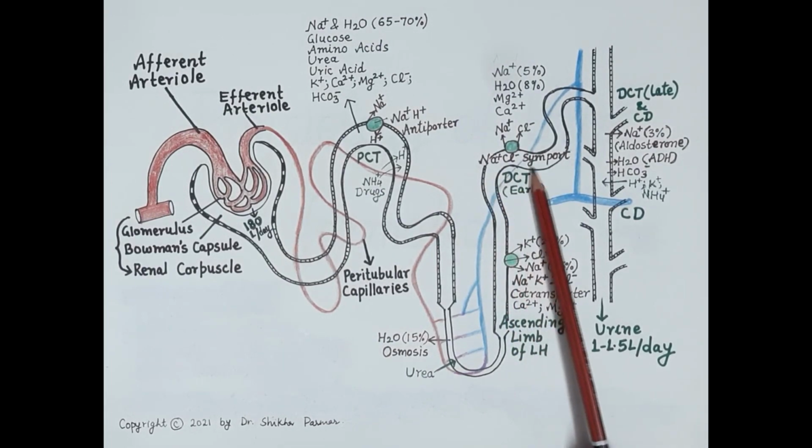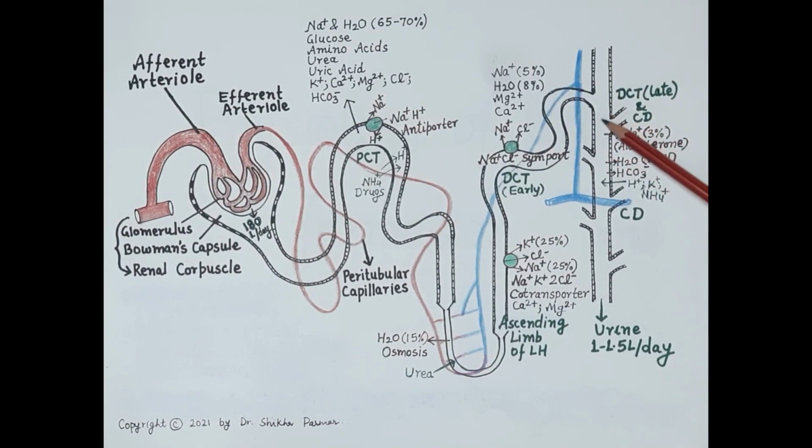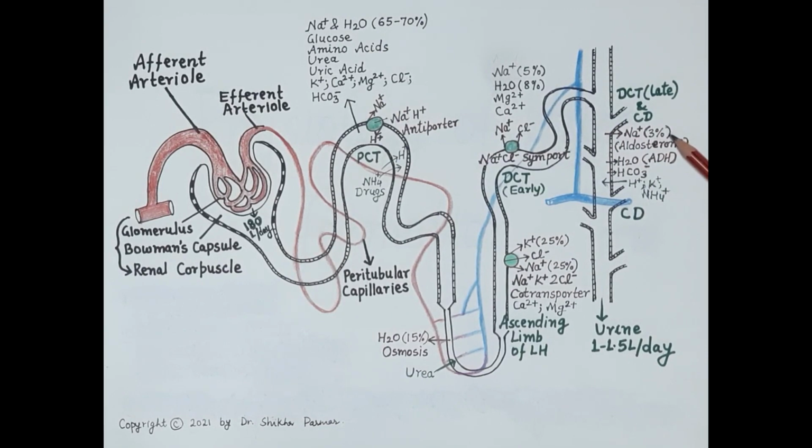Now, this is the early distal tubule, here around 5% of sodium and 8% of the water content of the filtrate is reabsorbed. Now, this is the late distal convoluted tubule and collecting duct. Here around 3% of sodium is absorbed, and apart from this water is also absorbed.